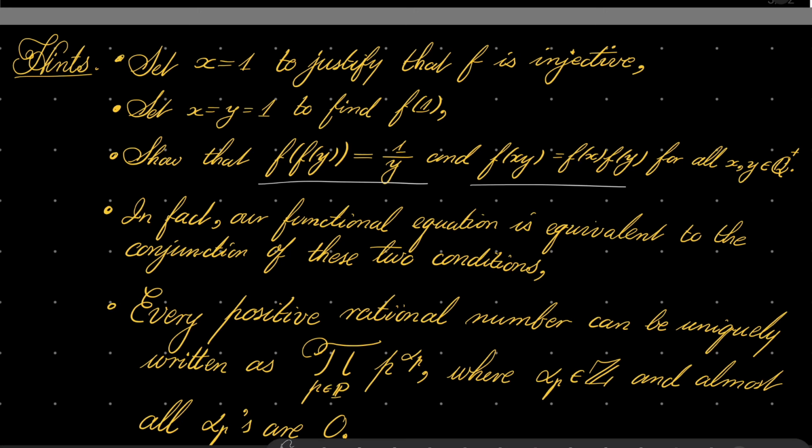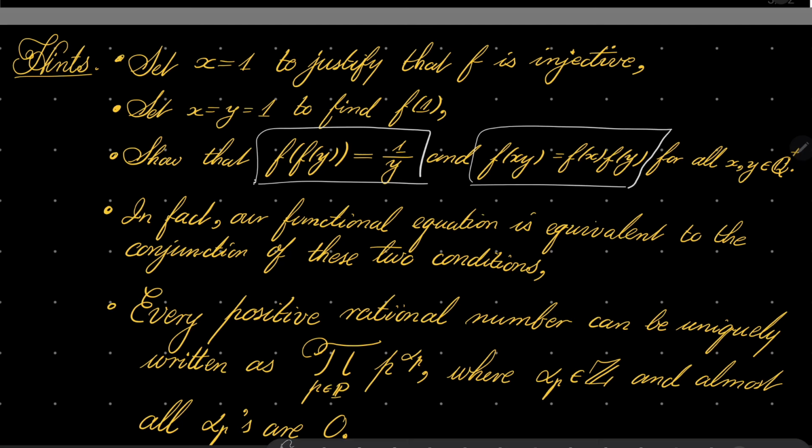And in fact, this is not strictly necessary, but you may wish to observe that our functional equation is equivalent to these two conditions. So maybe it is easier to construct a function and to check that it satisfies these two conditions.